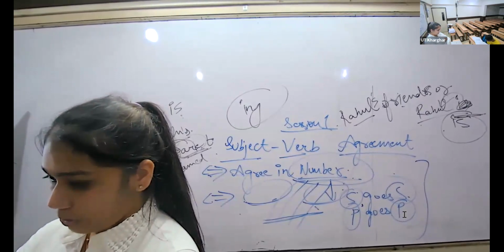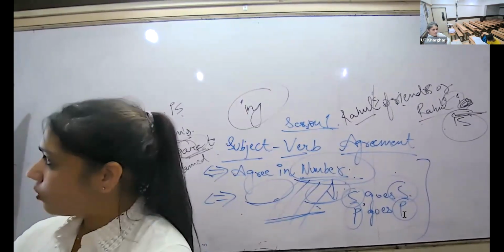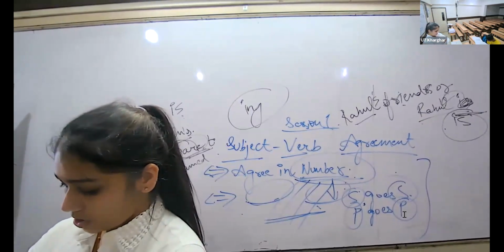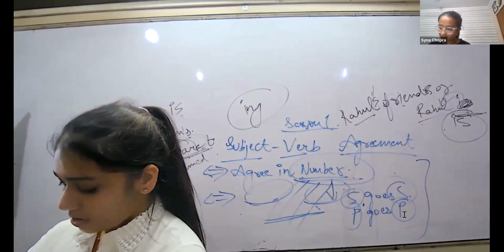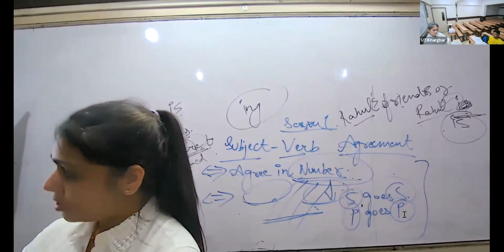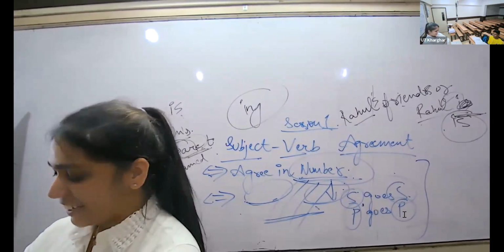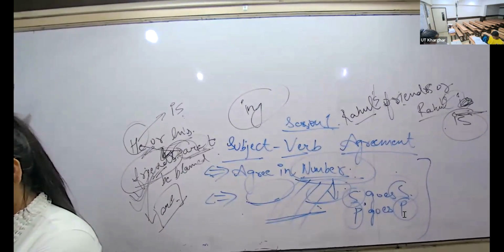Third bullet point. What do you think? What will come? Was or were? Was. Why? Because besides, along with that. Okay. The second one.